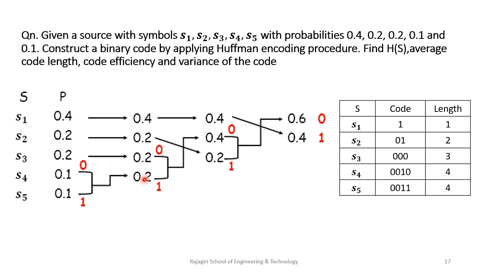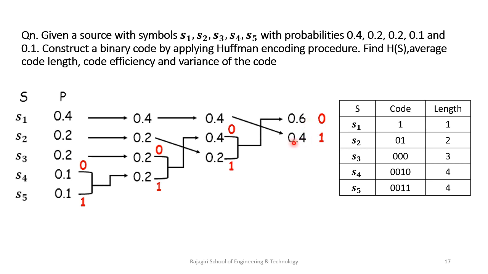These two symbols having least probability are then combined to form a new symbol having a probability 0.2 plus 0.2 equals 0.4. In the third column, again, the symbols are arranged in the decreasing order of probability, and the symbols having least probability are combined to form a new symbol having a probability 0.4 plus 0.2 equals 0.6.